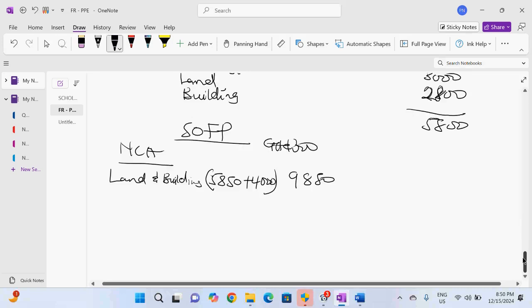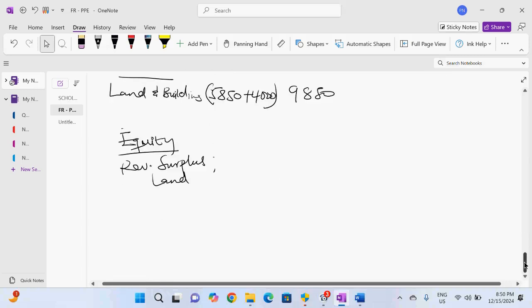Yes, apart from that, what else? Equity. What else? Revaluation of loss. What is the revaluation of loss? Land and building. We had 3,000 and 1,000.